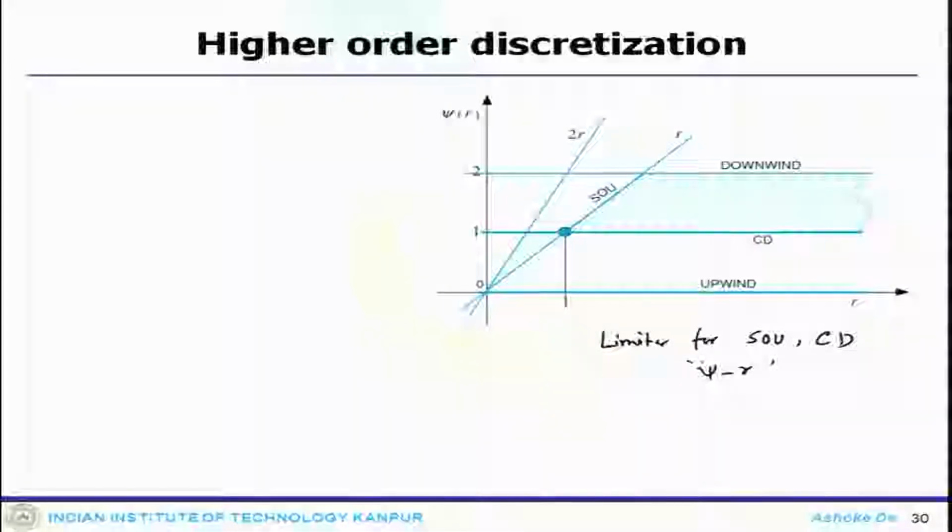One can see from this diagram that if r f is less than 0, psi r f is 0, and the second order accuracy is actually lost at extrema of the solution.